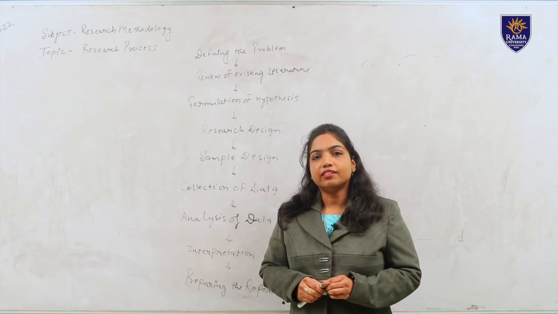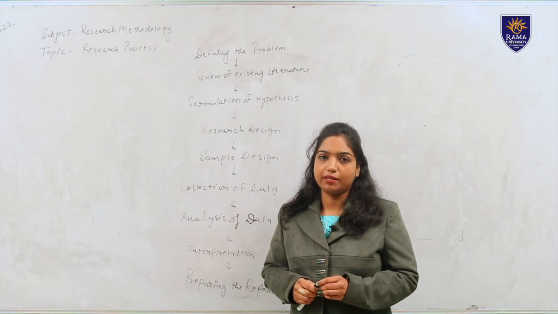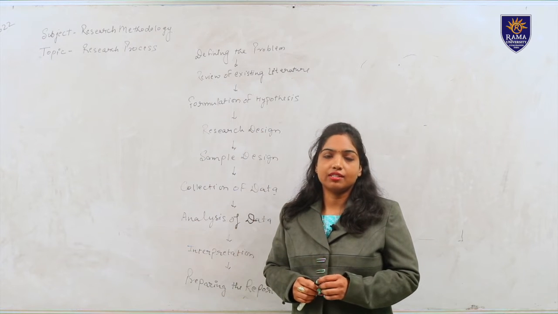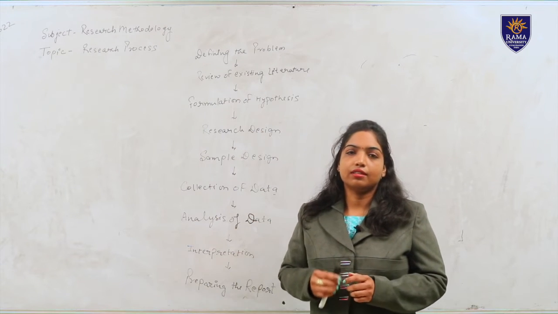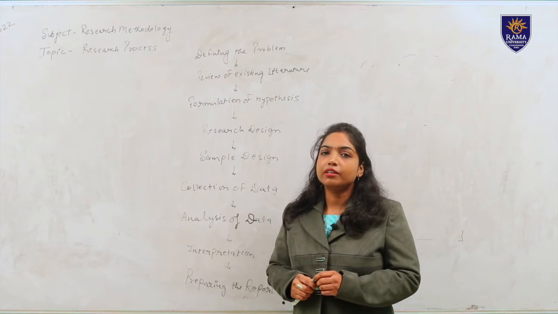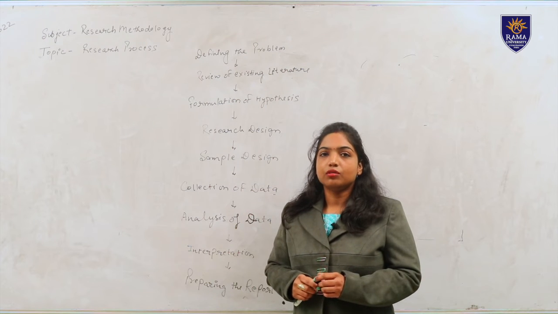There are different techniques we use in sampling, like probability sampling and non-probability sampling. In probability sampling, there are equal chances for all items to be included in a sample, and in non-probability sampling there are not such chances.